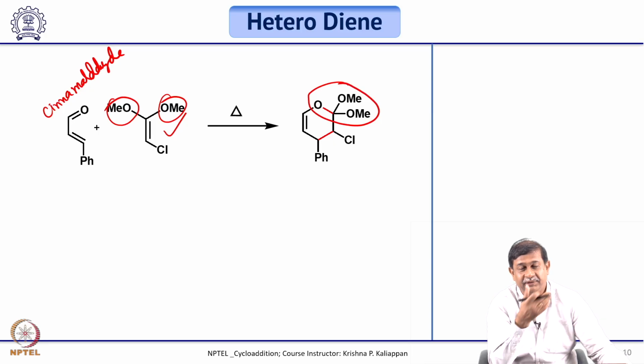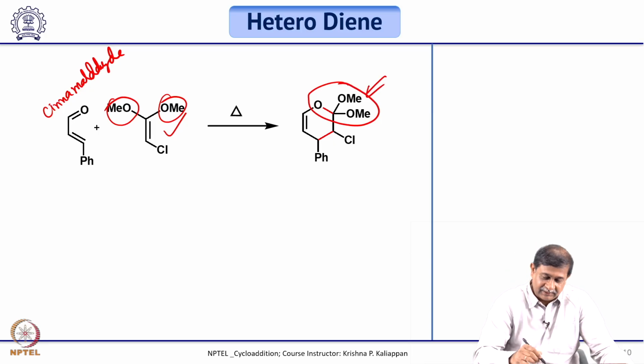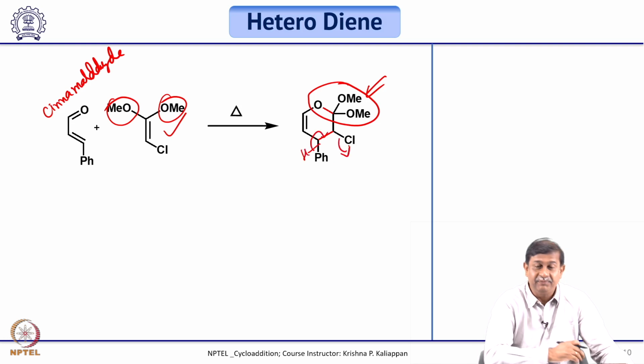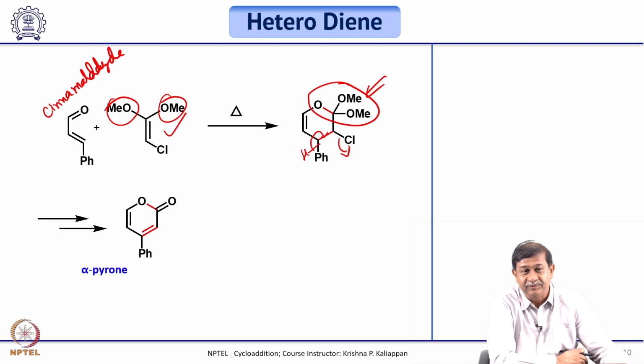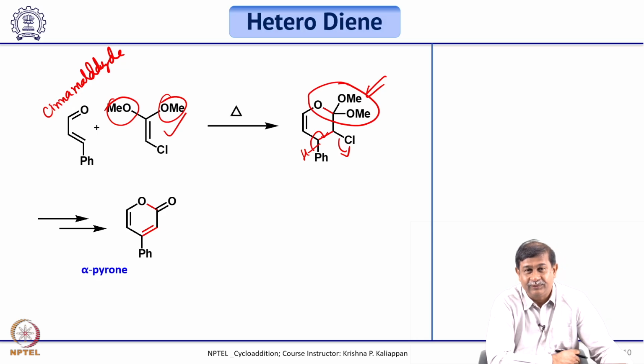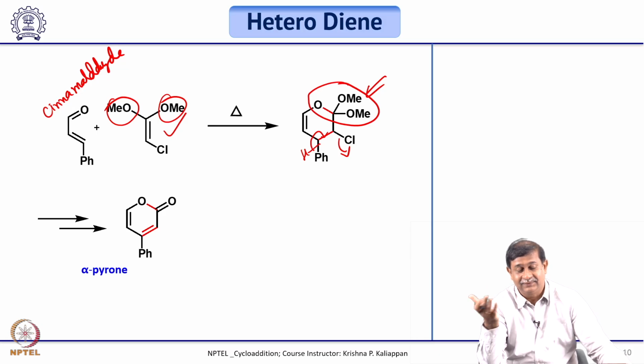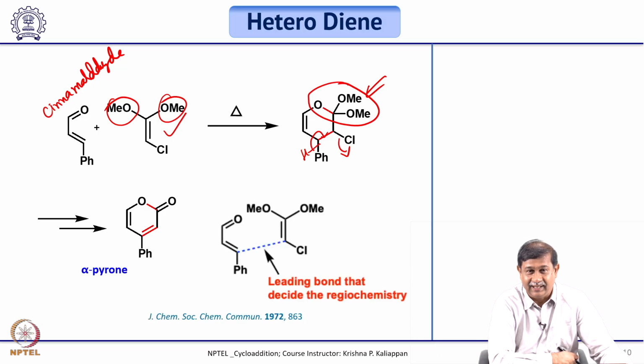Okay. So it can be hydrolyzed to a lactone, and this also during hydrolysis can undergo elimination of HCl to give this alpha pyrrole. So this is another interesting method to make alpha pyrrole in one step, and people have made such alpha pyrrole and utilize this alpha pyrrole as diene, heterodiene in several other Diels-Alder reaction.